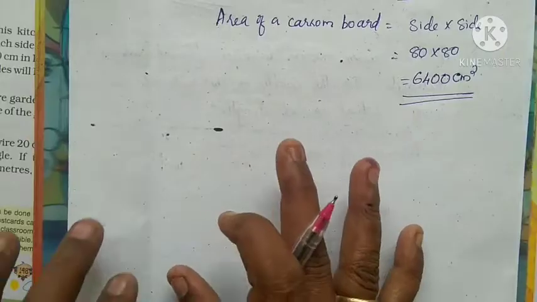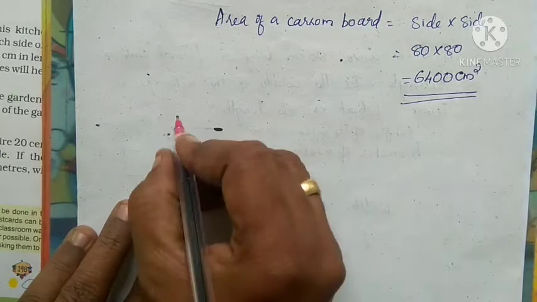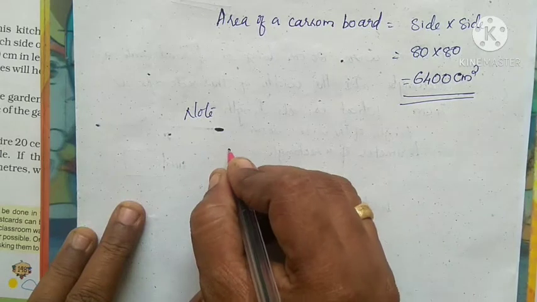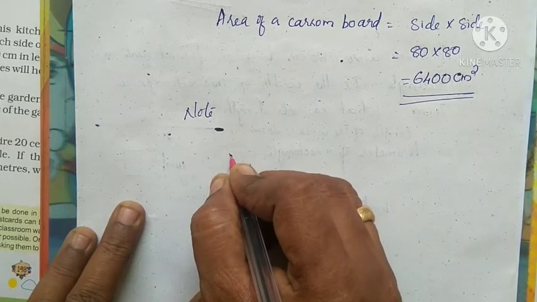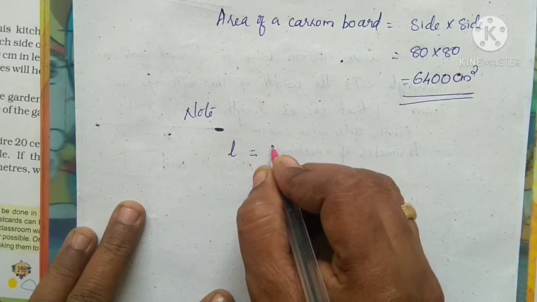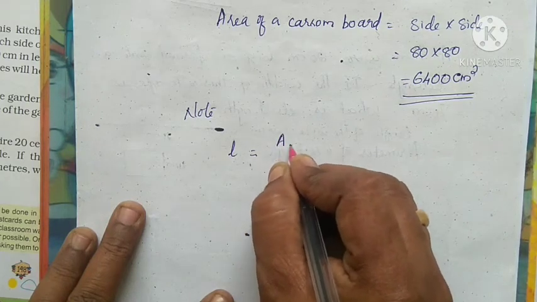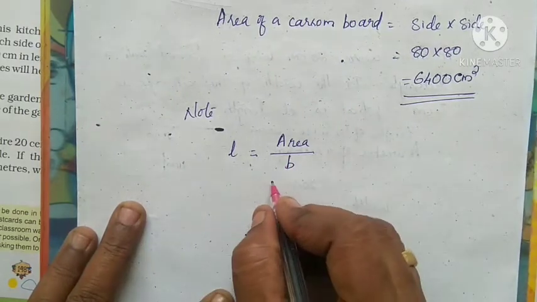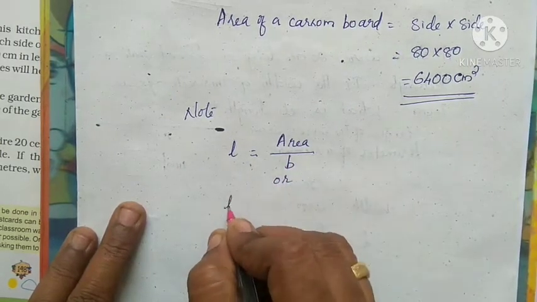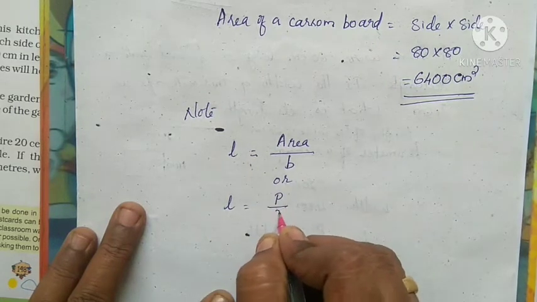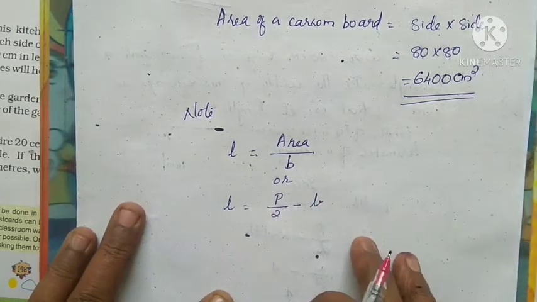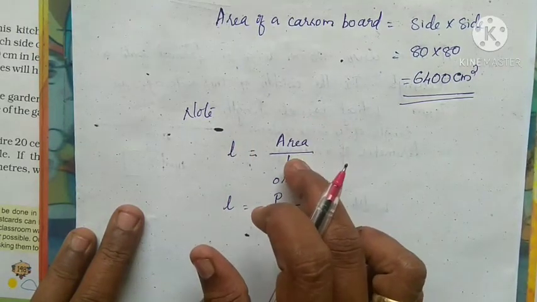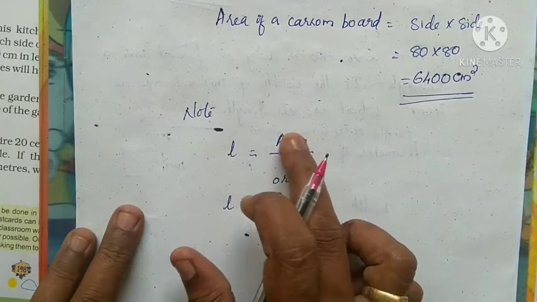Then I can explain some important formulas now, that is, important notes. So we needed to find out the length of a rectangle. L is equal to, if area is given, area divided by breadth. Or another formula, length is equal to perimeter divided by 2 minus breadth. These are the two formulas to find out the length. If area and breadth are given, we use the first formula.